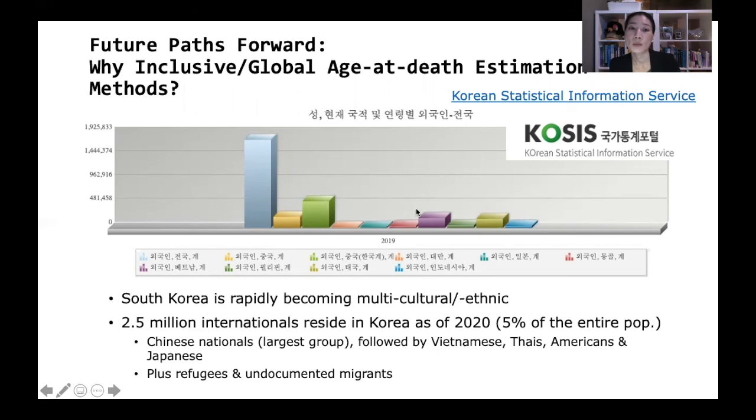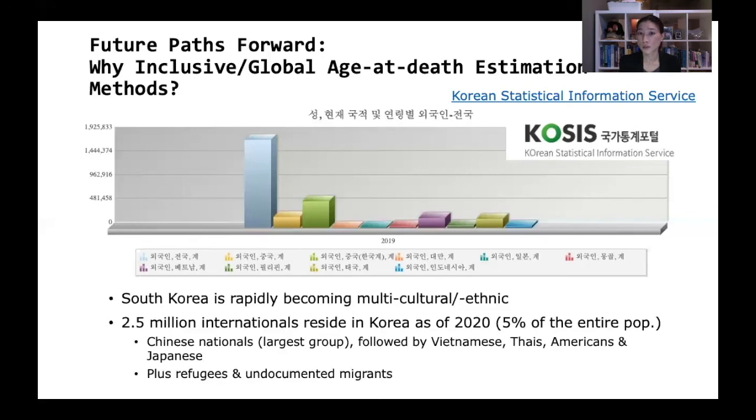So what I'm trying to convey in this final slide is that when we talk about Korea-specific or Korean population-specific forensic standards, that doesn't necessarily mean that those standards should only accommodate individuals of East Asian descent, right?